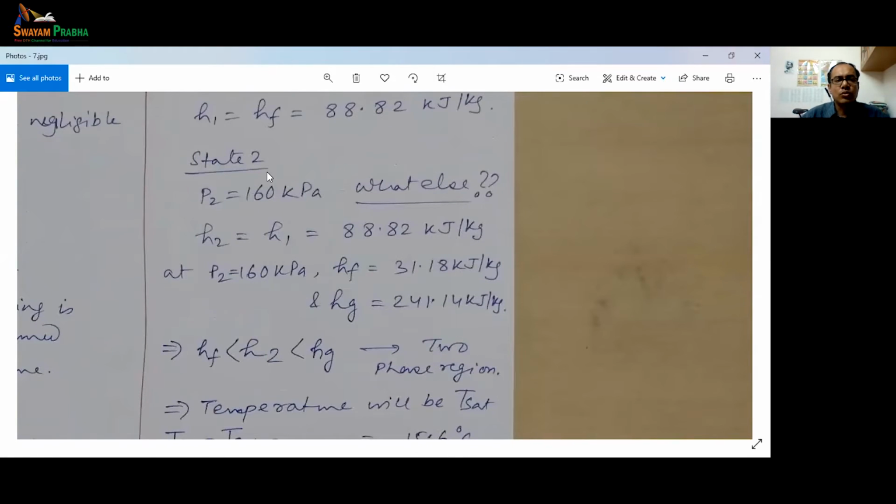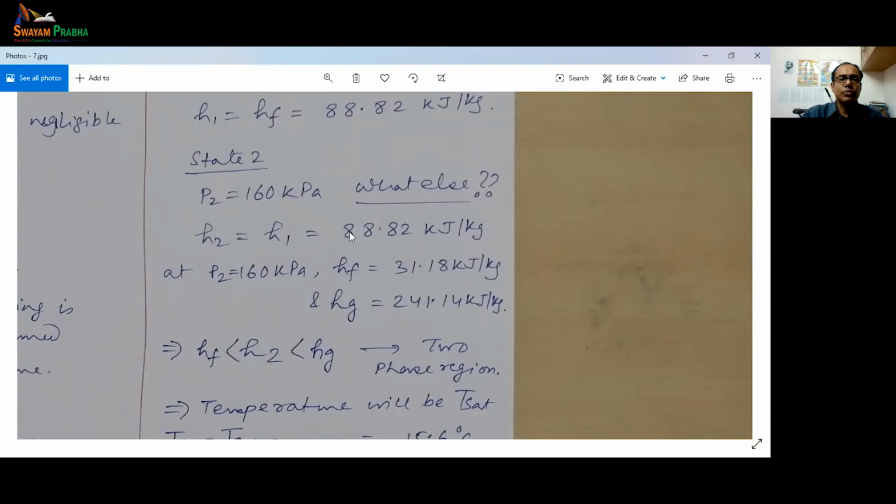Now for state 2, what is given is the pressure. P2 is 160 kPa. What else is given? Nothing else is given, but from the energy balance we know H2 and H1 are equal. So H2 equals H1, and H1 we know is 88.82 kilojoule per kg.